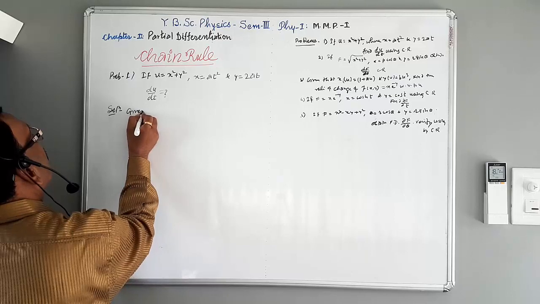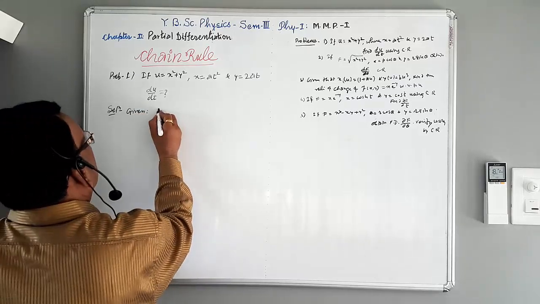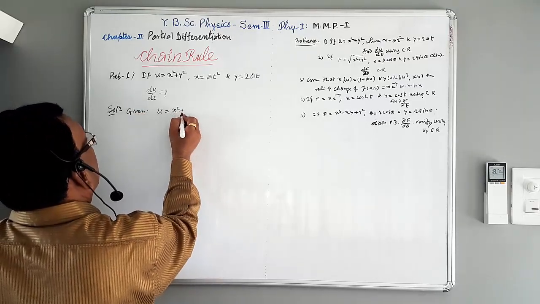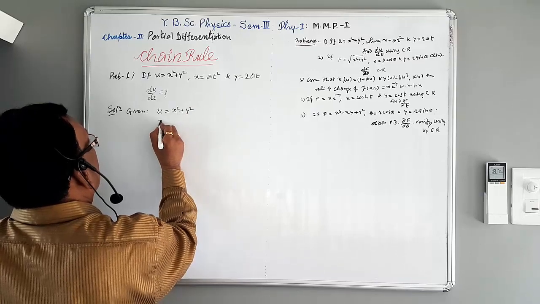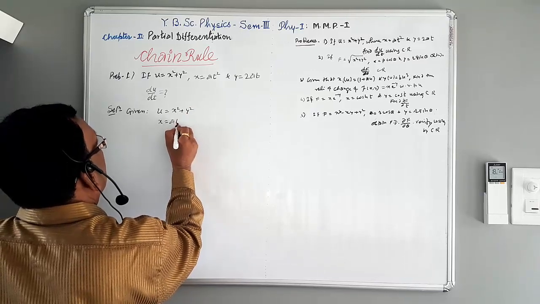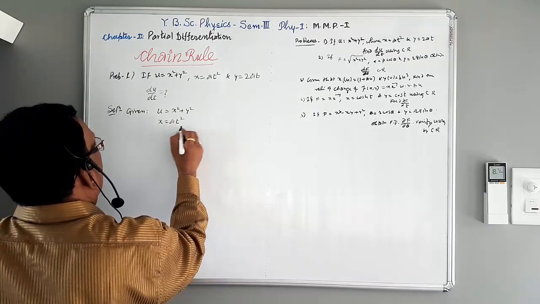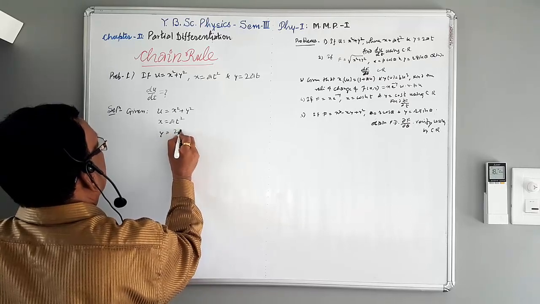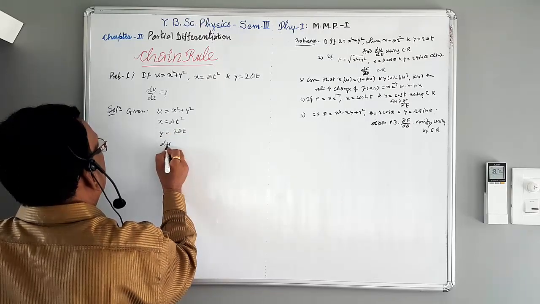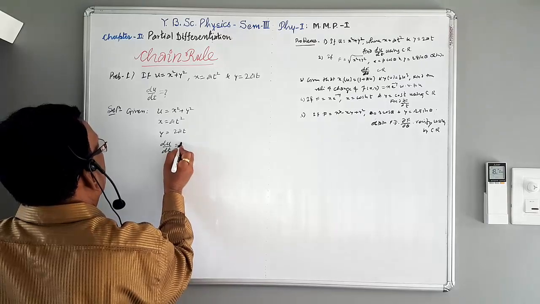Given u is equal to x square plus y square, x is equal to at square and y is equal to twice at, and we have to find du by dt.